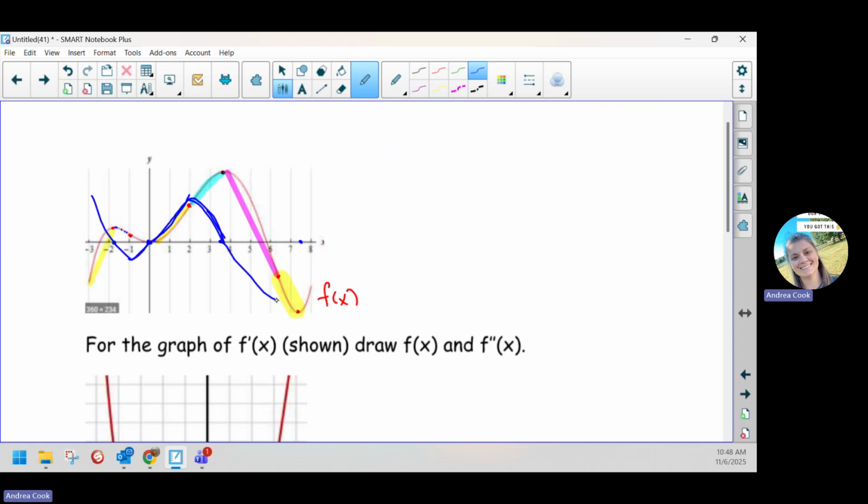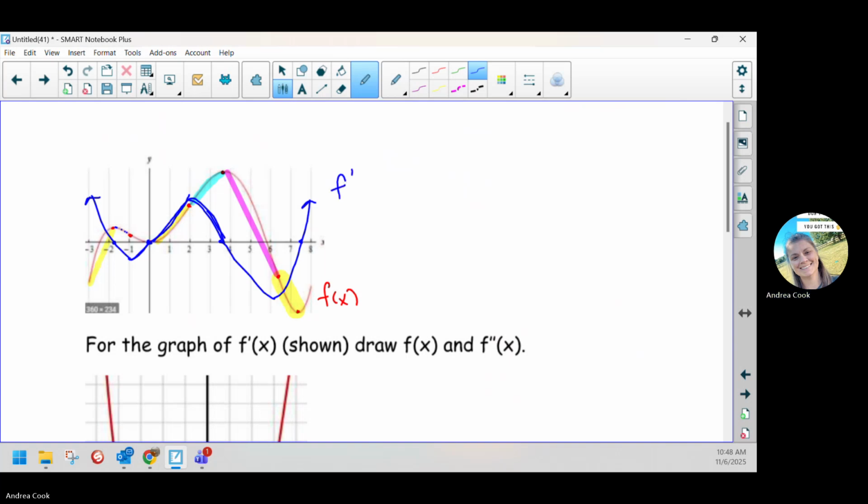So I'm still under the x-axis, but I'm going to be increasing because I'm concave up. And then that last little piece is increasing and concave up, so above the x-axis and increasing. And that blue line is f prime.